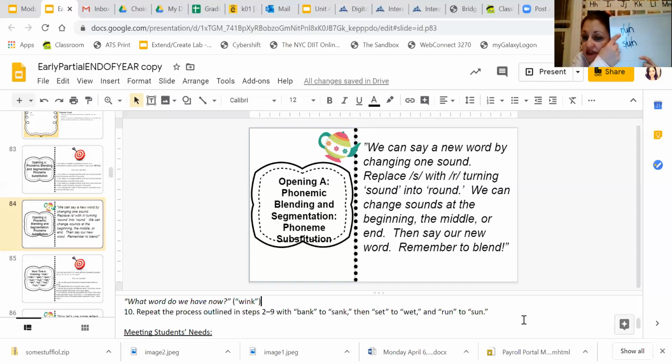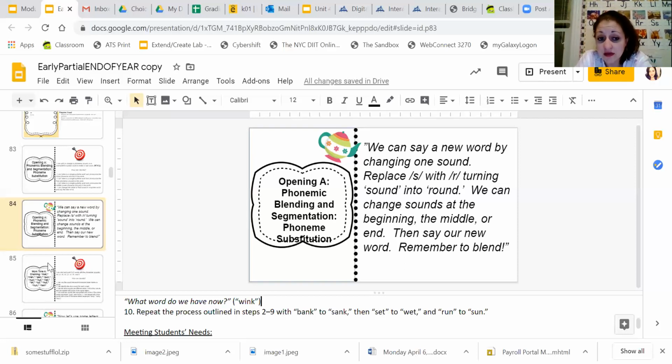So I pointed to my R sound because Miss Ewan said, change your R sound to an S sound. So I changed my R sound to an S sound. See that? Making the word sun. Okay, we started with run, and now the word is sun. Okay, so remember, that is how we chain. We're only changing one letter sound, or one phoneme, to change the whole word.